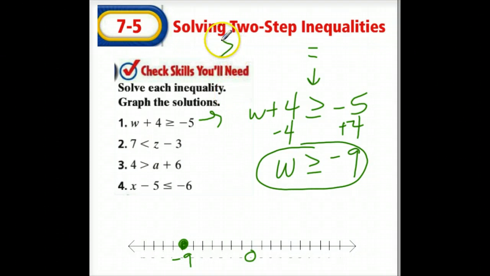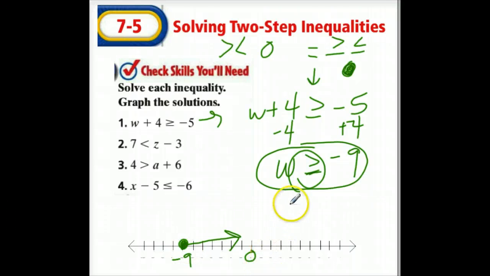If it was just a greater than or less than, we have an open circle. If it's greater than or equal to or less than or equal to, we fill in the circle because W could equal negative 9. That's why we fill it in. Because W is anything bigger or greater, we put our arrow to the right. So this might take some review with our inequalities.